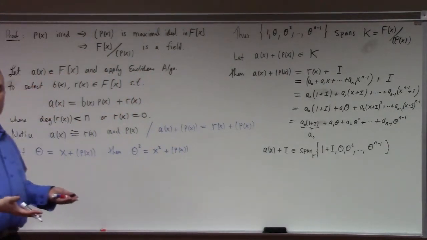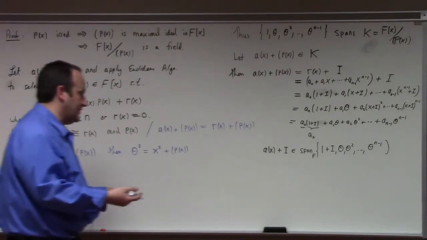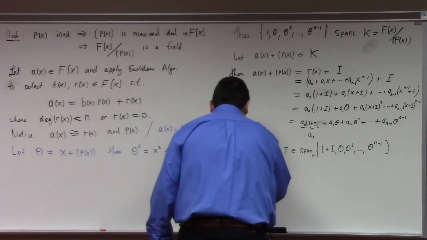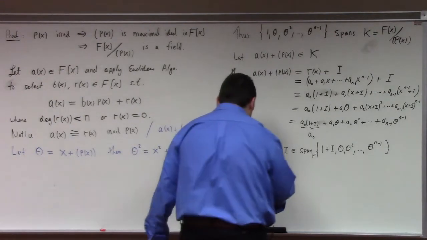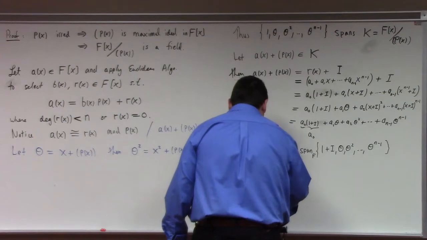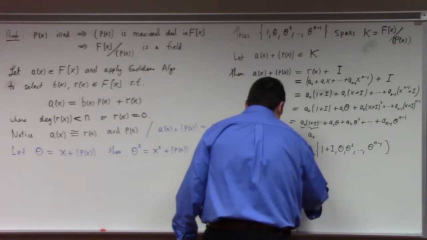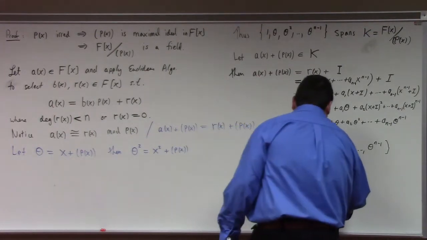And then what's next is we need to show that it's linearly independent. So to check linear independence, all you do is look at b0 plus b1 theta plus b2 theta squared plus and so on plus b_{n-1} theta to the n minus 1, set that equal to 0.